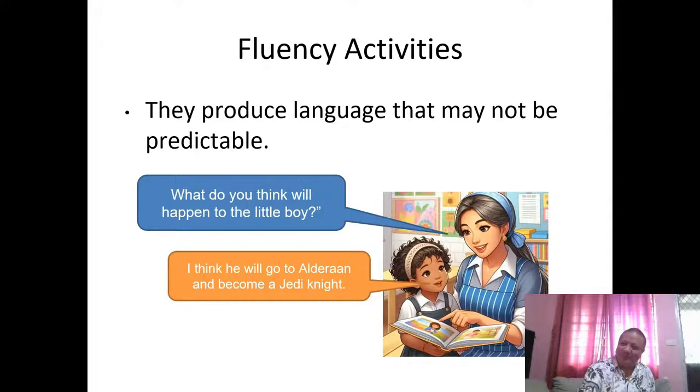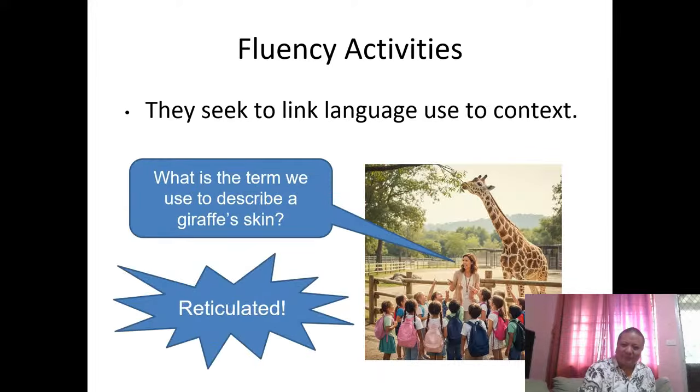Out of the blue, whatever I was saying. Okay? So, fluency activities produce language that may not be predictable. Mami, 5 ml lang ha?